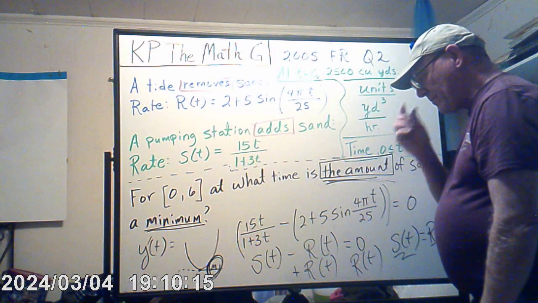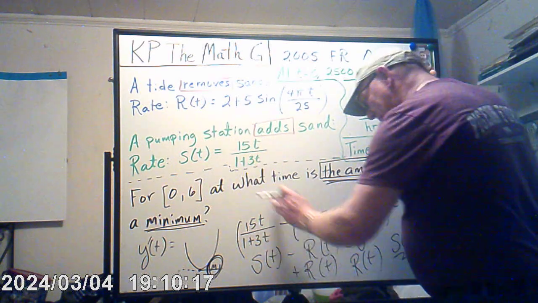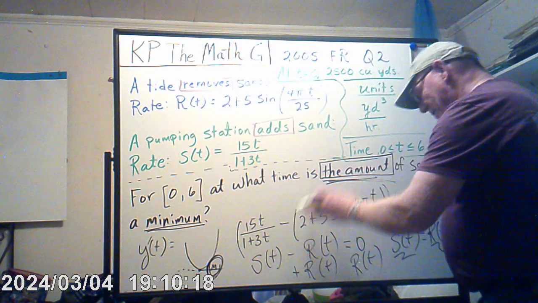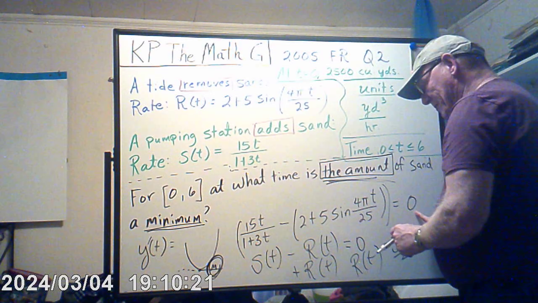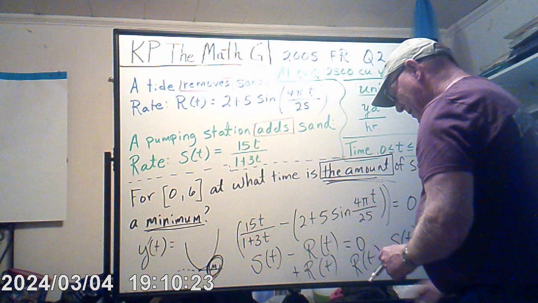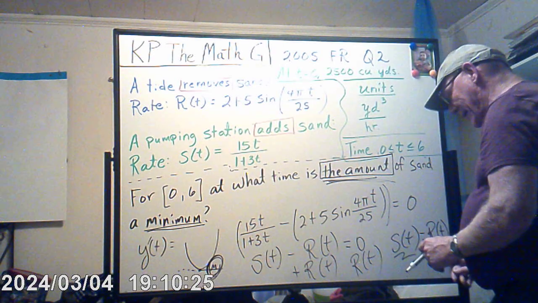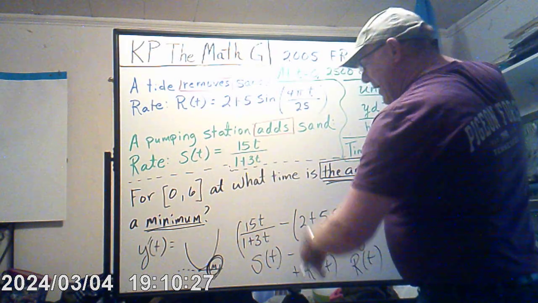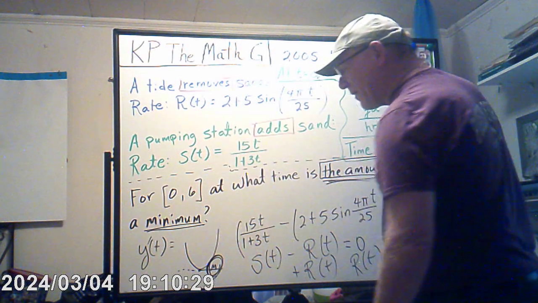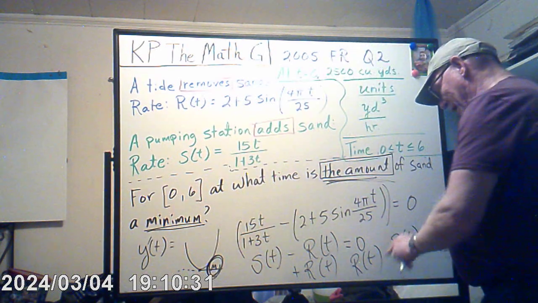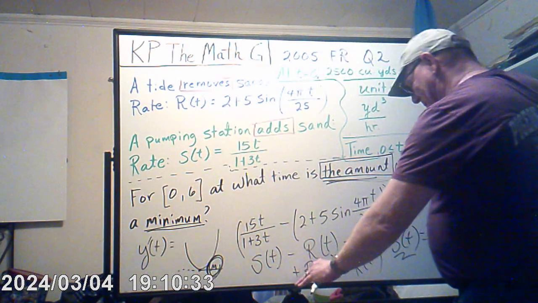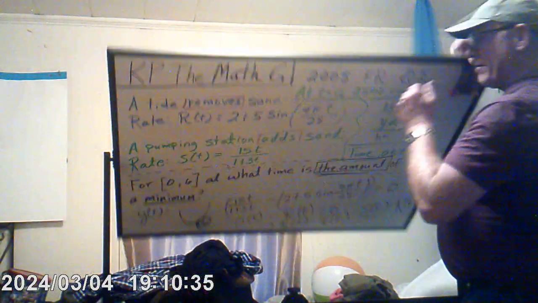Okay? This rate minus this rate is equal to 0. So in other words, s at t is equal to r at t, and that's what we have here so far. Alright, so that's what we had to do. We got to find that number. We're going to set them equal to 0.